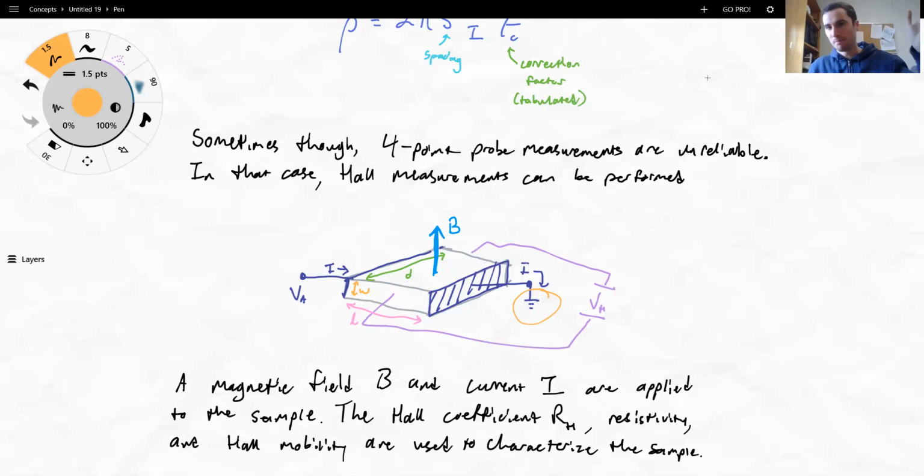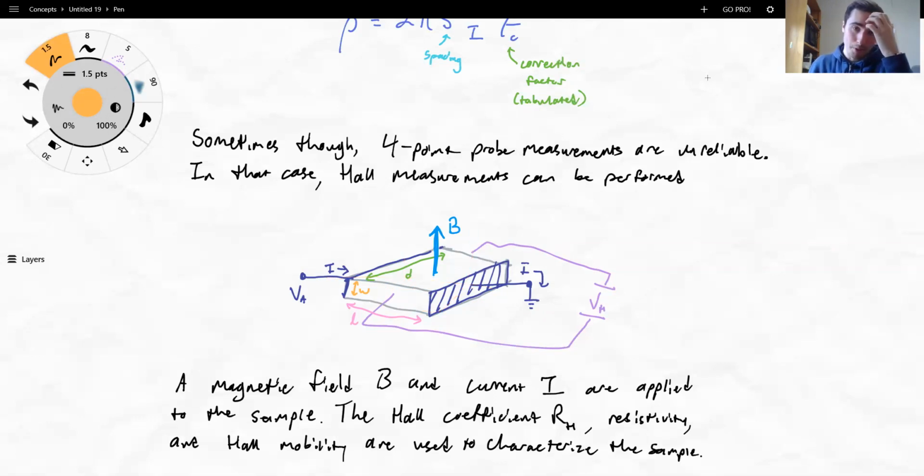We're not worried about where that goes. That's called a current sink. So we're applying a current through our material, but at the same time, we are applying a magnetic field perpendicular to that. We have the current going one way, and the magnetic field going the other way.